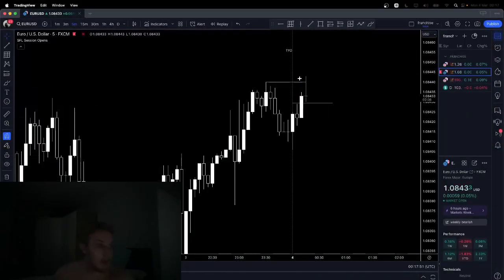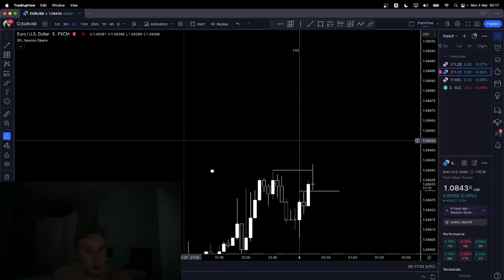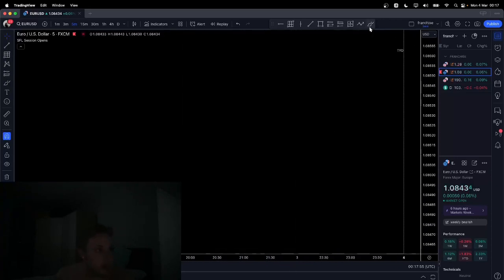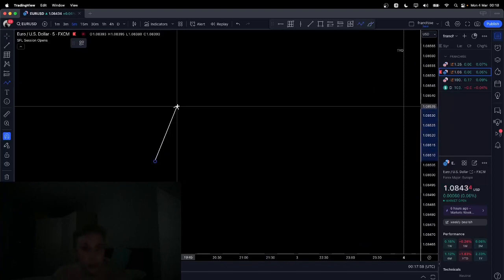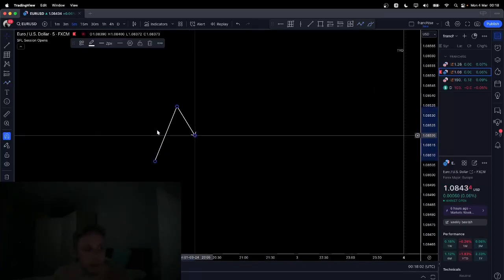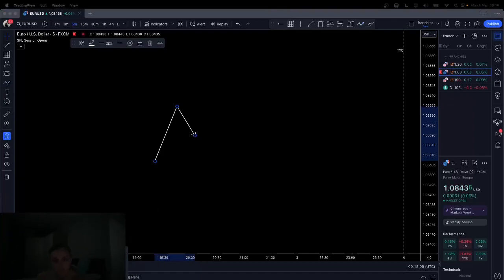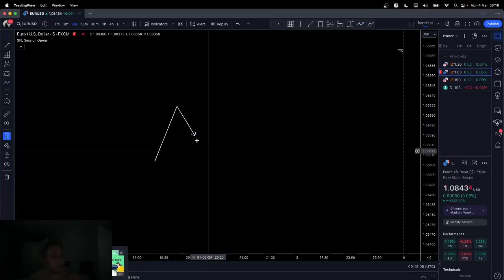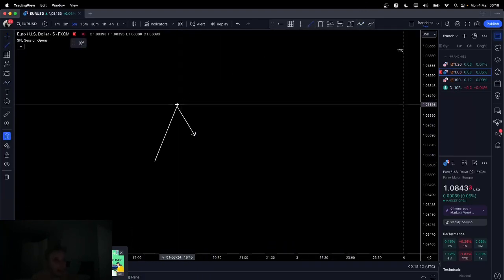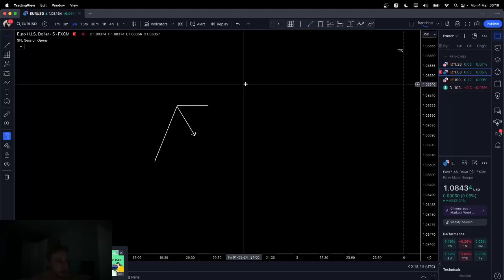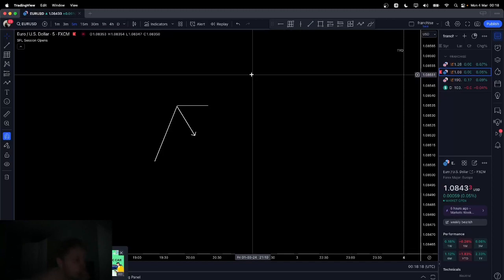Cool. So the way I had it set out was we've got a move up and a move down. Let me make my camera smaller. So we've got a move up, move down. What is that? That is our high. Let me actually use my mouse and keyboard instead of my MacBook.